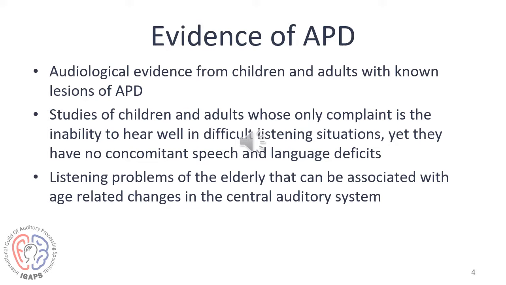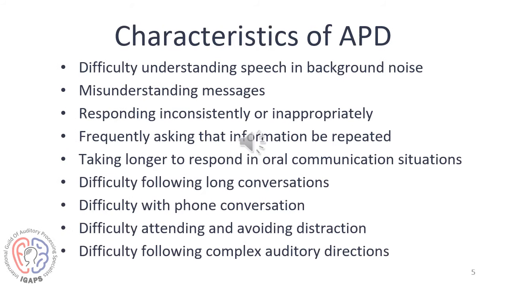For example, in the elderly, not only do we see peripheral hearing loss, but we also begin to see neural degeneration in the auditory nerve, brainstem, and cortex. Therefore, we look more towards the presenting symptoms to help identify and define APD.